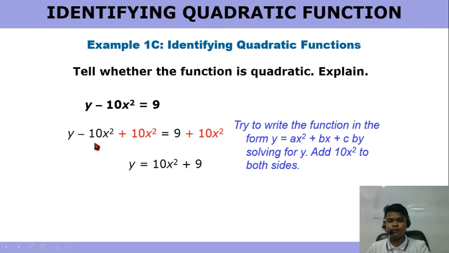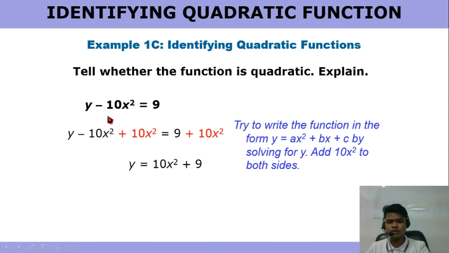So, negative 10x squared plus 10x squared is 0, so crash out. So, magiging y is equal to 10x squared plus 9. Or we can also apply the method of transposition, in which kapag ita-transfer natin yung isang value to the other side of the equation, iche-change na natin yung sign.